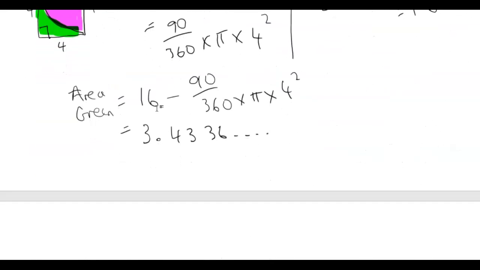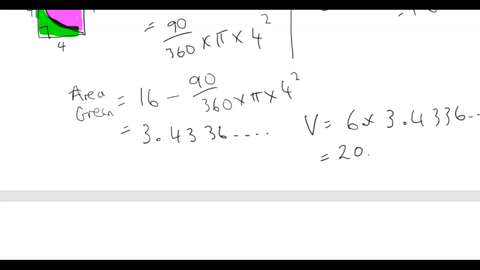So your volume, what was the length again? It was 6. So 6 times 3.4336. If you leave that in your calculator, it's probably best to then go times 6. And our answer is to 2 decimal places.